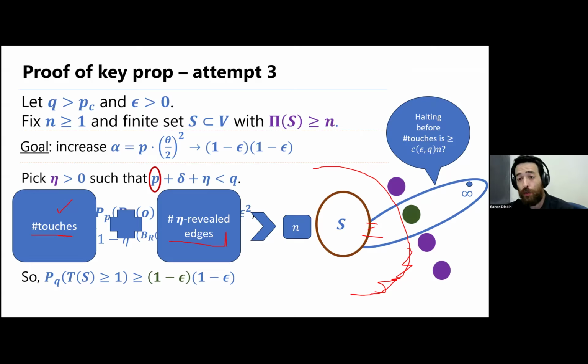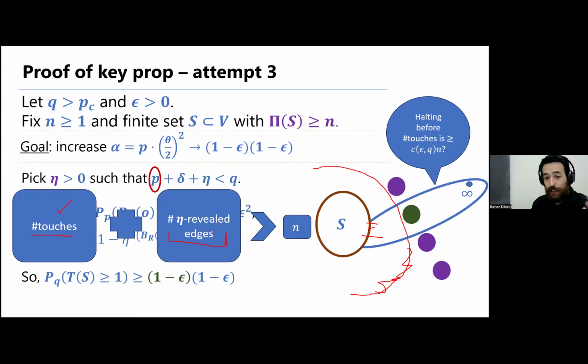I'm just throwing away the number of edges inside the ball times L. So if I choose C to be small enough with respect to L and R, then I'm in business, because it means that every time that I do this round, I only reveal order 1 over C many edges. And the number of times I have to do this is proportional to n. But every time I do this trial, I have good chance of getting a new touch. So either way, I'm happy.